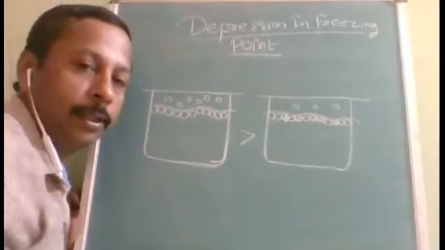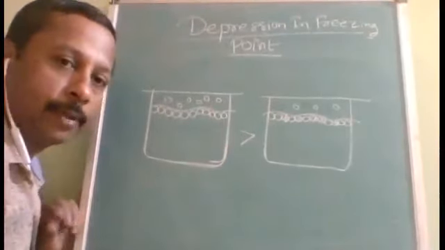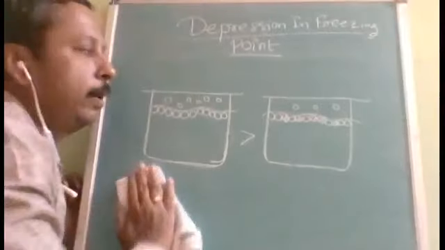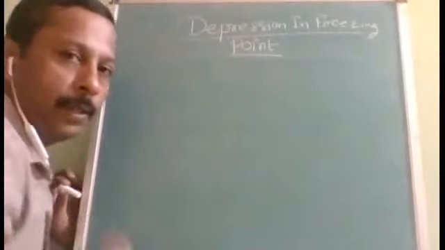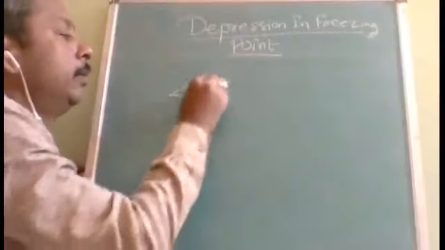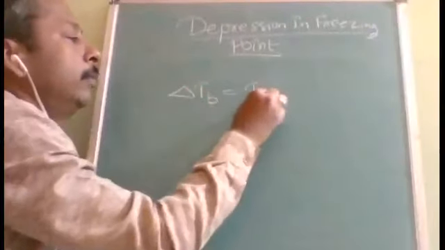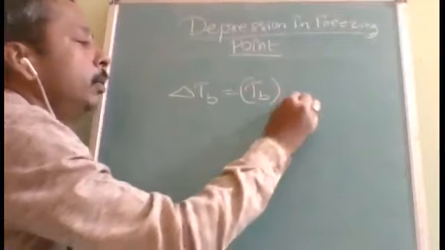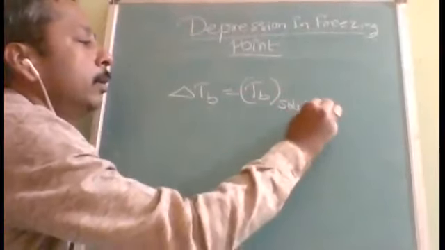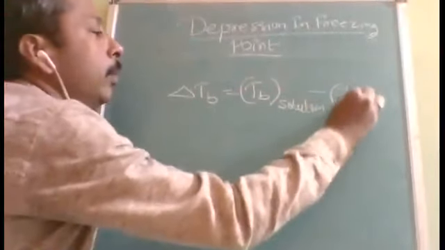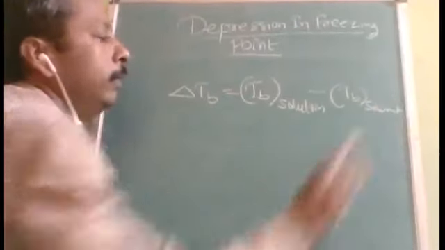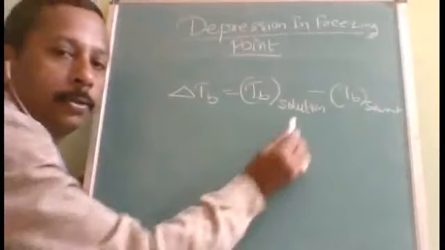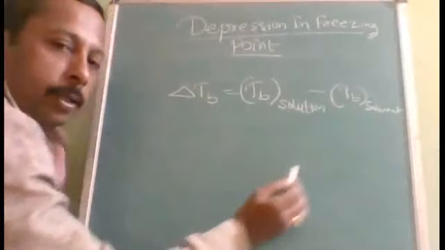In the elevation in boiling point we studied delta TB. What is delta TB? Delta TB is equal to the boiling point of solution minus the boiling point of solvent, because the solution boiling point is more than the solvent.